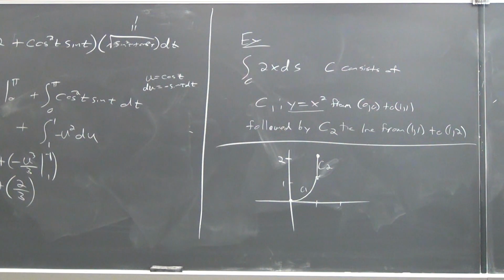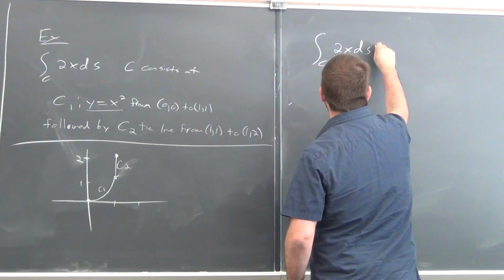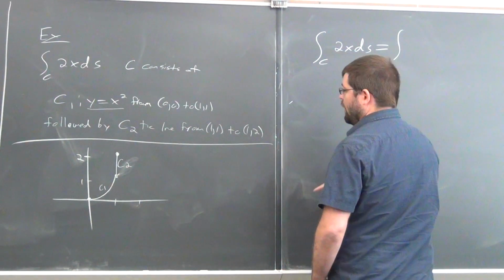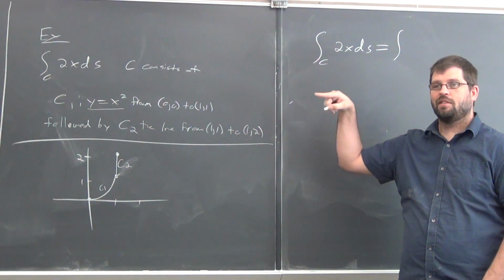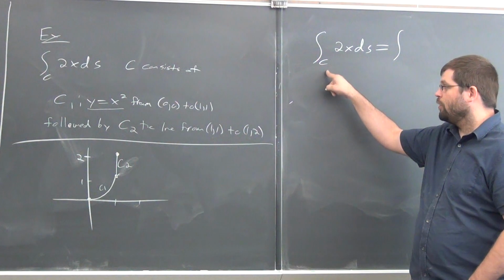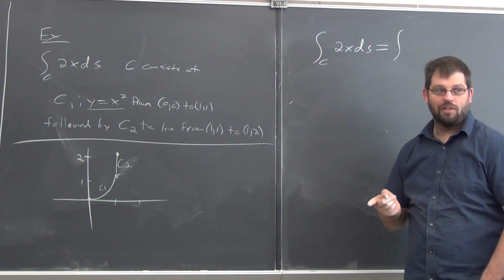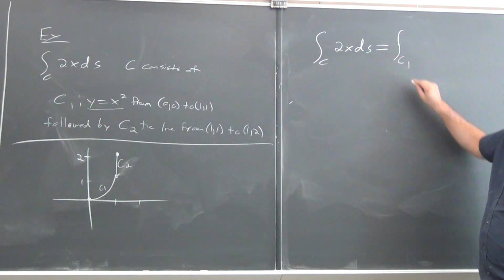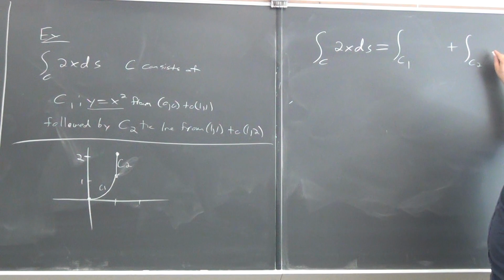All right. So I haven't written any of these rules down, but hopefully it's pretty clear. If your full curve C is broken up into two pieces, the integral over the full curve can be obtained by doing what? The integral over the first part of the curve plus the integral over the second part of the curve.